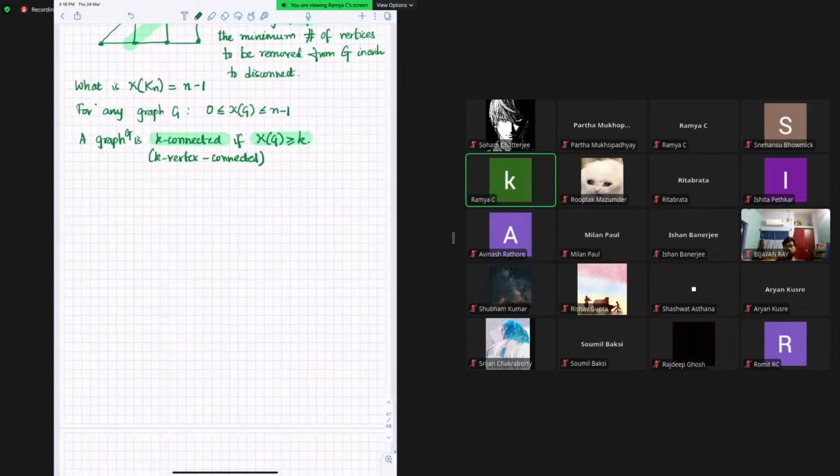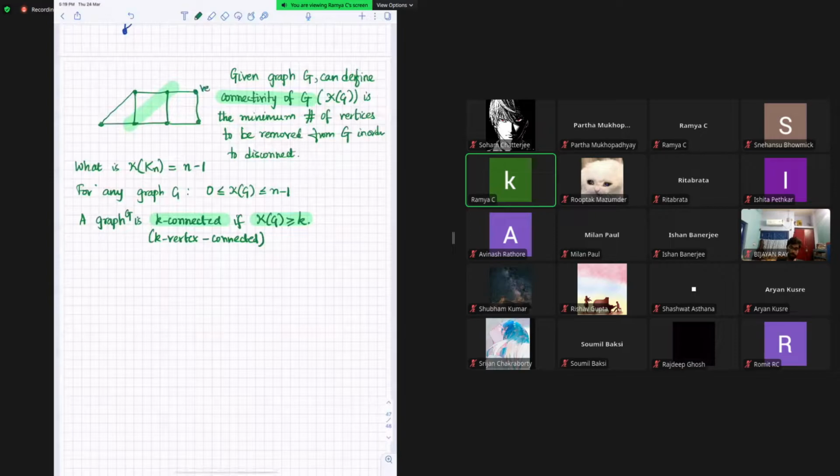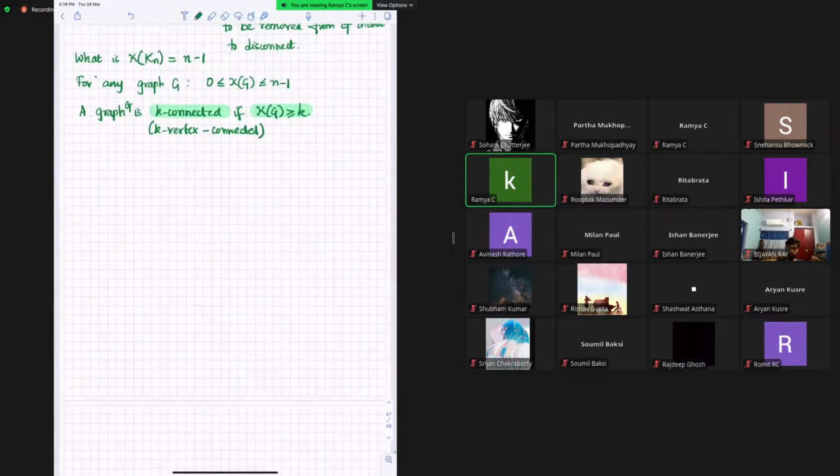So similarly, you can also define the edge connectivity. So let's say graph G. So what is the edge connectivity of G? So this is vertex connectivity of G. So I will write vertex connectivity. We're going to talk about the edge connectivity of G. So what do you think it is?